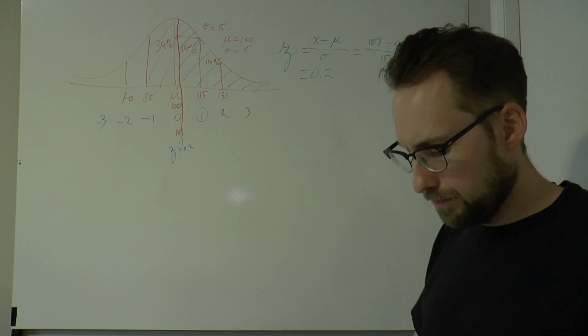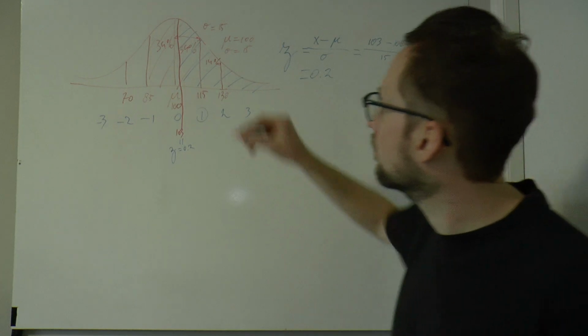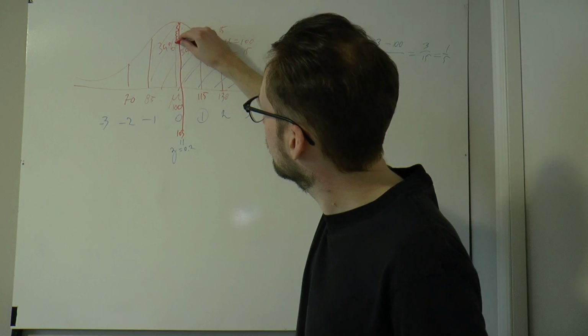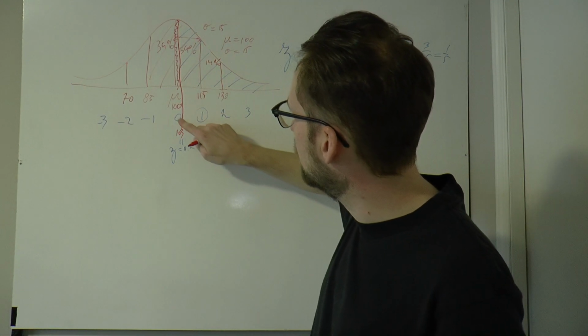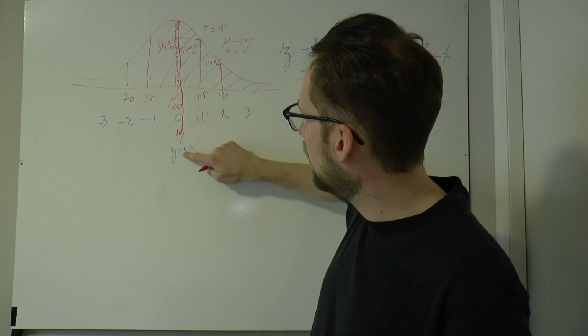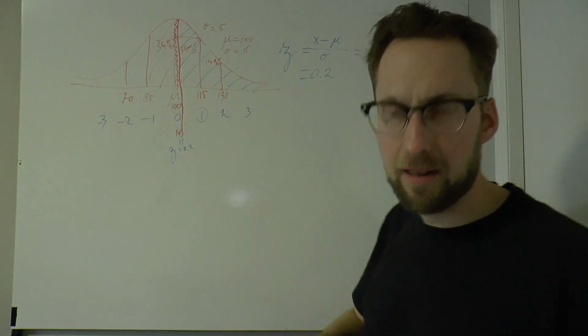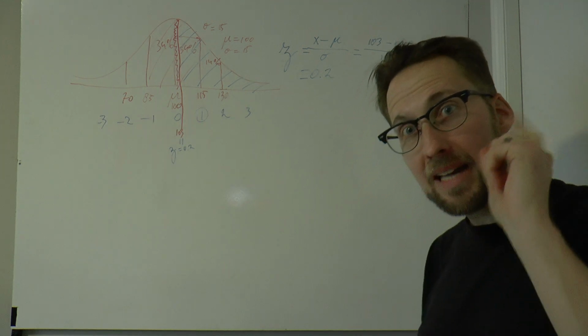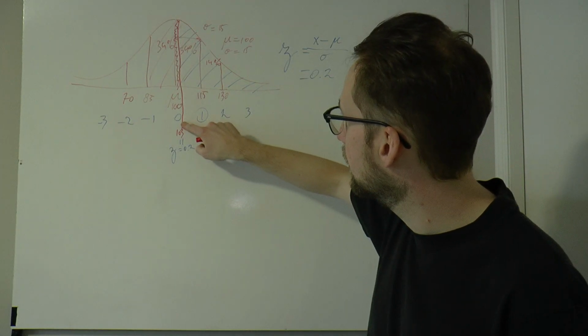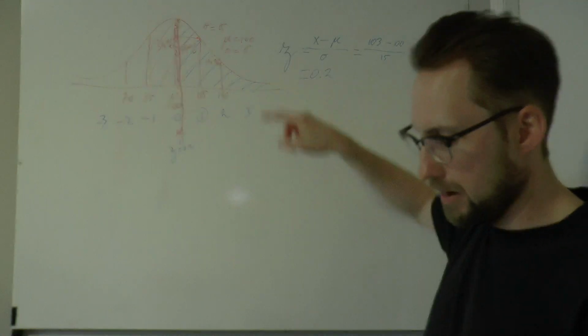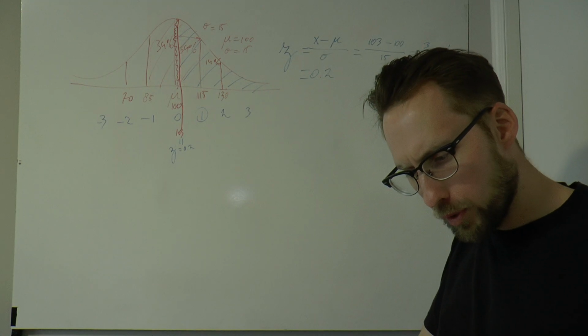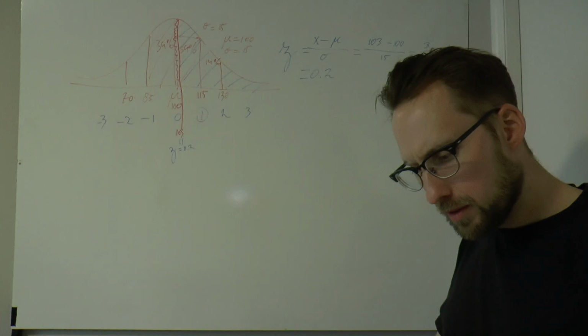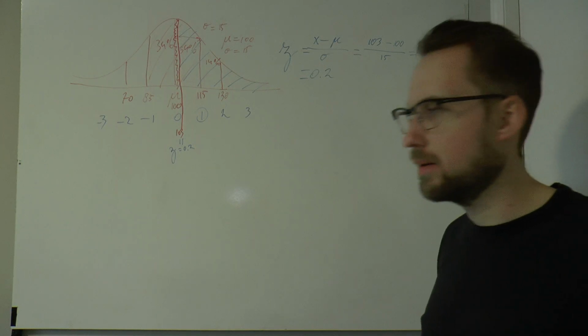That would be this area between mean and your z. I don't care about that. I want the next column, area at or above z. At or above z. And it tells me for 0.20, 0.4207.